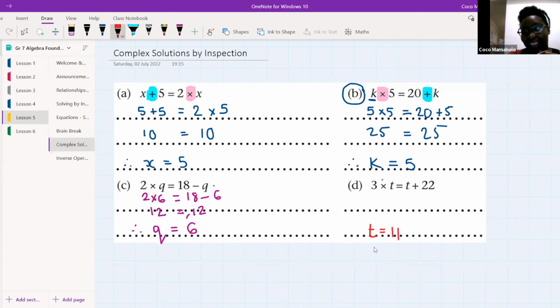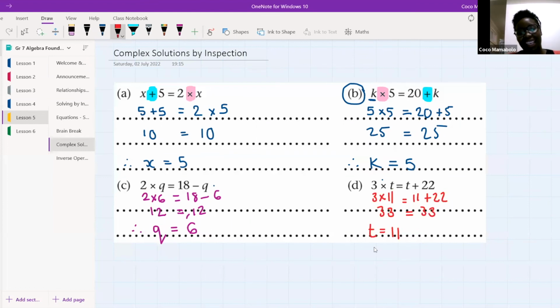Okay, let's try 11. What's 3 times 11? 33. Good, it's 33, right. Now on this side, I'm going to have, oh, sorry, not 3, 11. I'm sorry, 11 plus 22. What's 11 plus 22? 33.